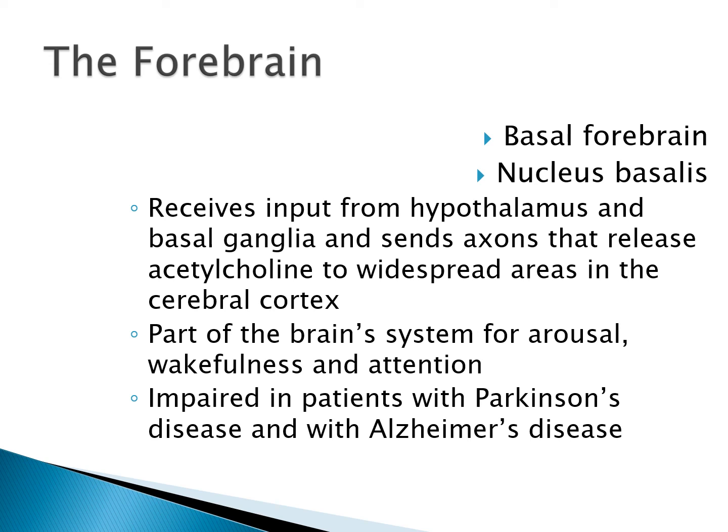We'll talk about the nucleus basalis when we talk about the wake-sleep cycles, as it is very important for arousal and keeping us awake, so clearly important for attention in that manner. This area of the brain is impaired in patients who have Parkinson's disease as well as people who have Alzheimer's disease.